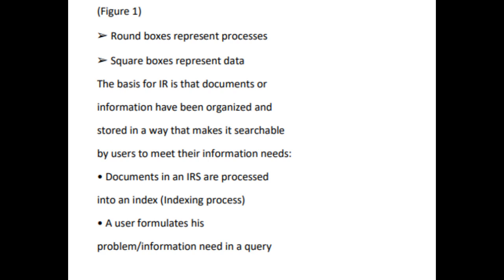The basis for IR is that documents or information have been organized and stored in a way that makes them searchable by users to meet their information needs. Documents in an IRS are processed into an indexing process. A user formulates his problem/information need in a query. Query formulation.